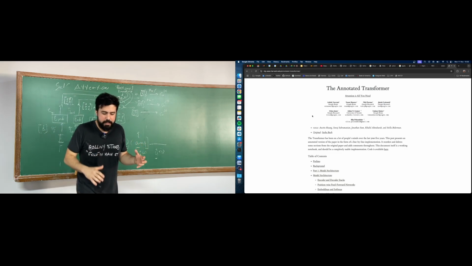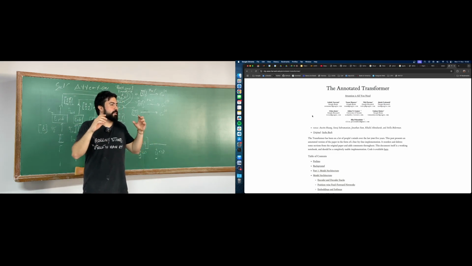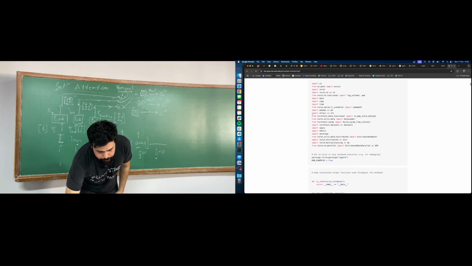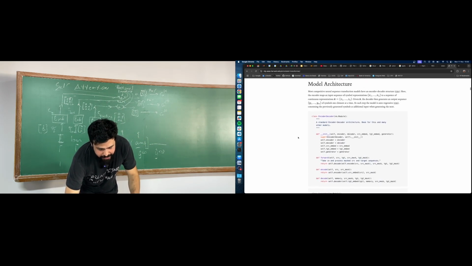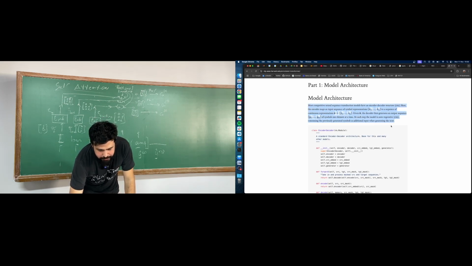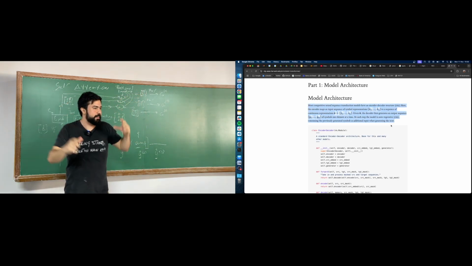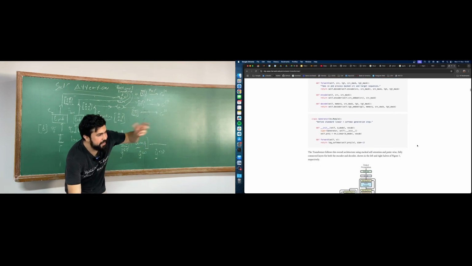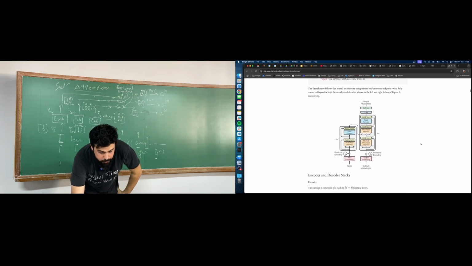So this group at Harvard actually annotated the paper with code. So you can read the paper with PyTorch code. They copy the text from the paper and then write the same thing in PyTorch. So they translate the English of the paper to code.